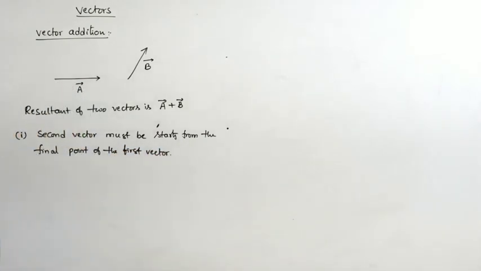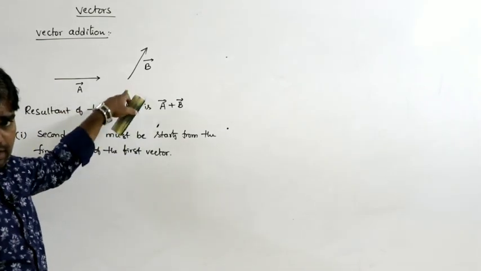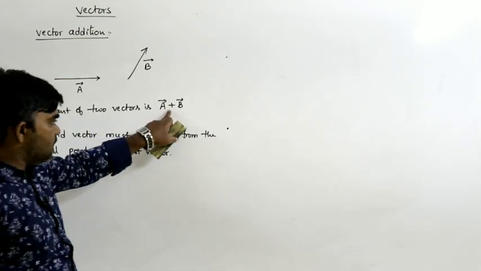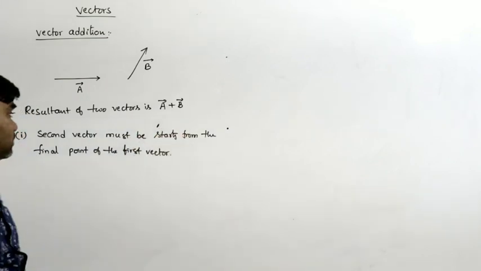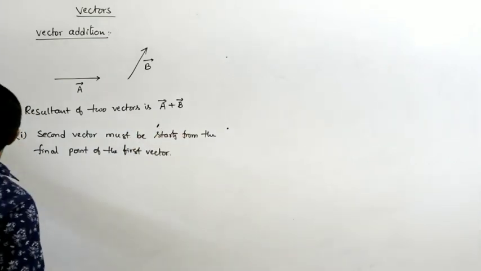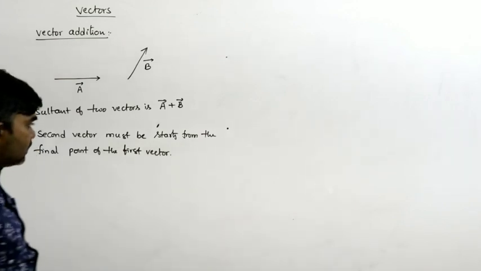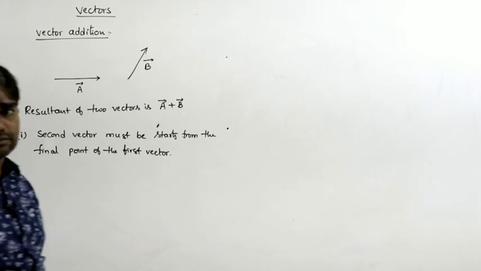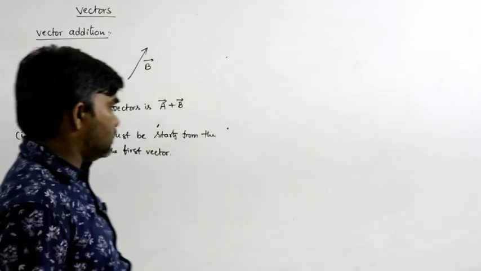To find the resultant of two vectors A bar and B bar, the resultant is considered as A bar plus B bar. So what is the first point? The second vector must start from the final point of the first vector.